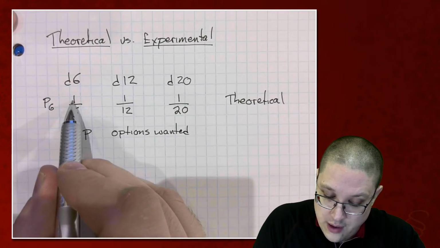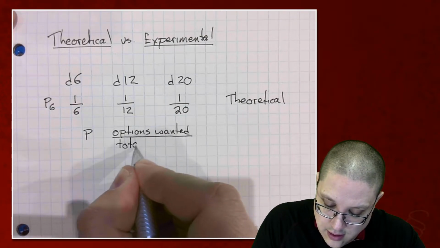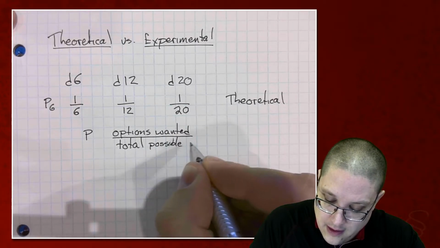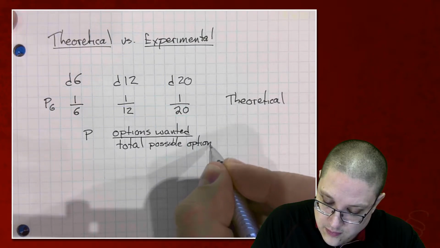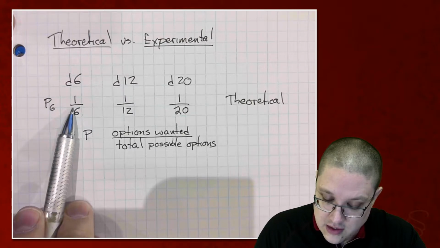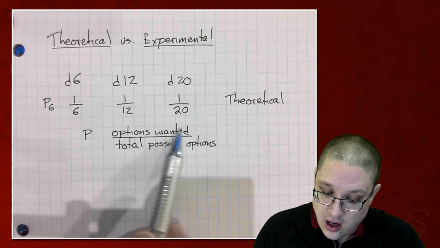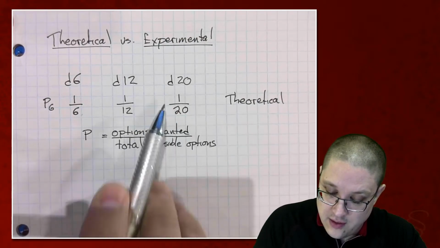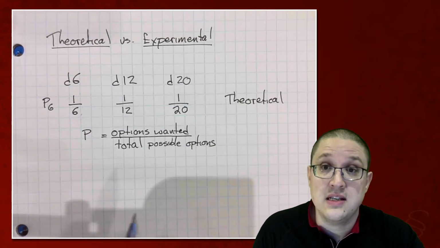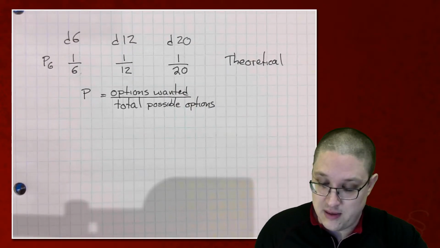Well, there's one chance of rolling a 6, and that is over the total possible options. So in other words, there are 6 sides, so there are 6 possible options here. Out of that, I only want one. Here, there are 20 possible options, and I only want one of them. This is theoretical probability.